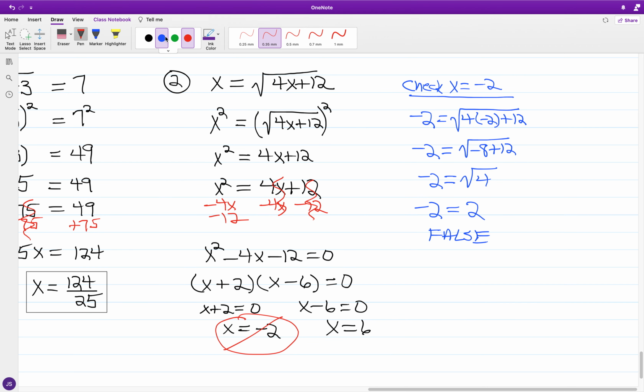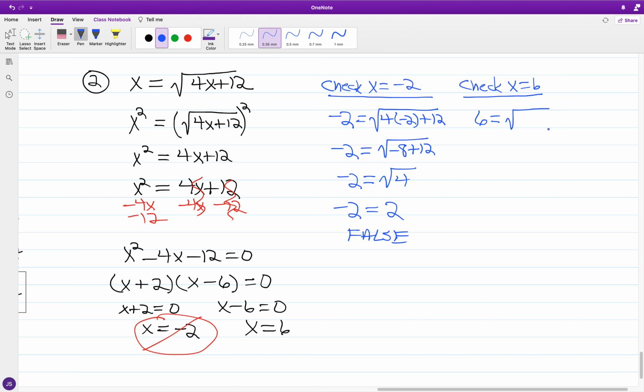Now for x equal to 6, with x at 6, 6 is equal to the square root, and we have 4 times 6 plus 12. 4 times 6 is 24, plus 12. 24 plus 12 is 36, and the square root of 36 is 6.